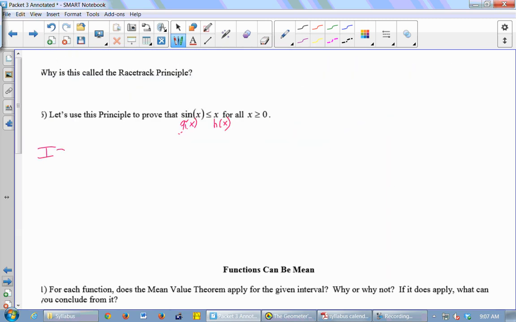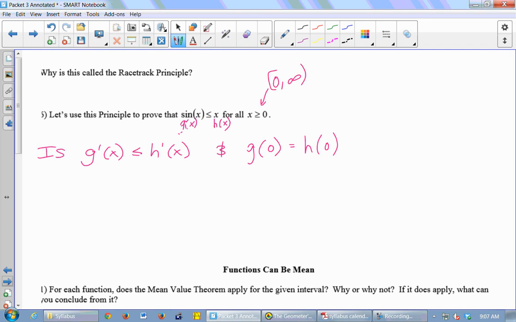So 0 is going to be our a here, because that's the starting point of our interval. This is the interval 0 to infinity.